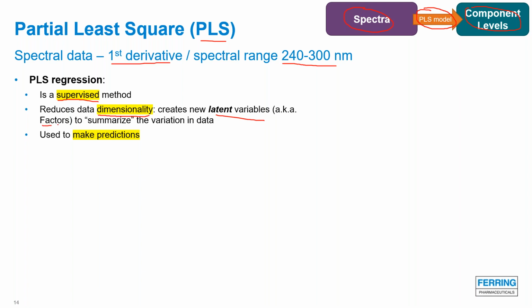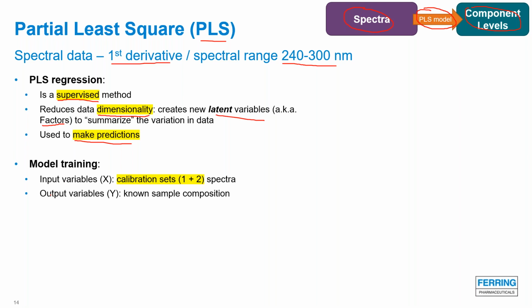This time we will call them factors instead of principal components, but the idea remains exactly the same. It's to be able to summarize the variation we have in the data into a lower number of variables. And finally, as it is a regression, we can make some predictions with that kind of model.